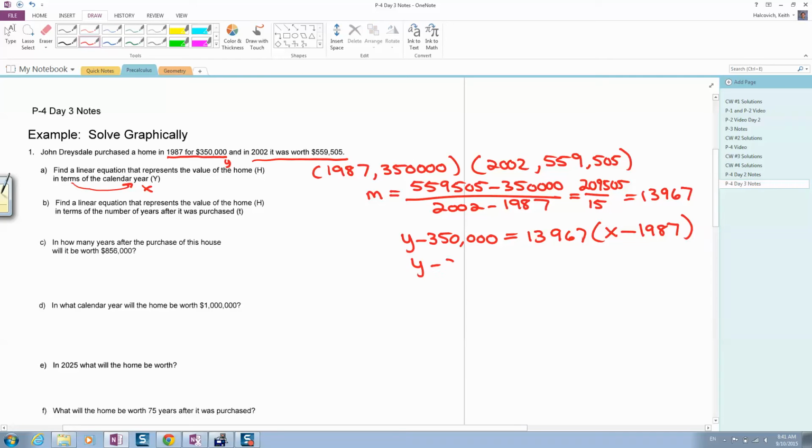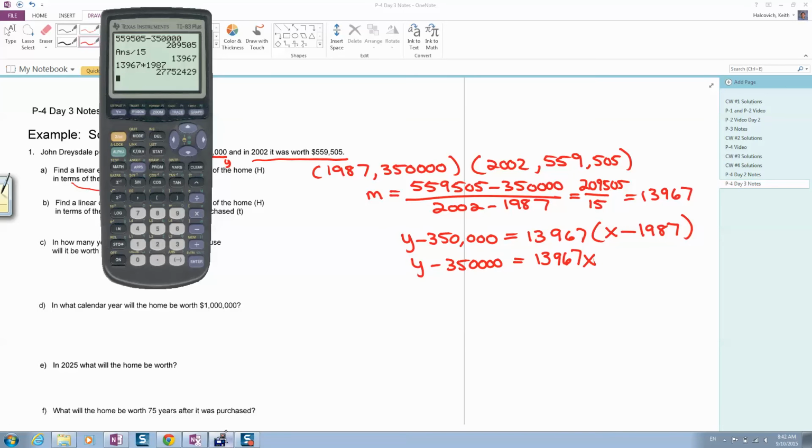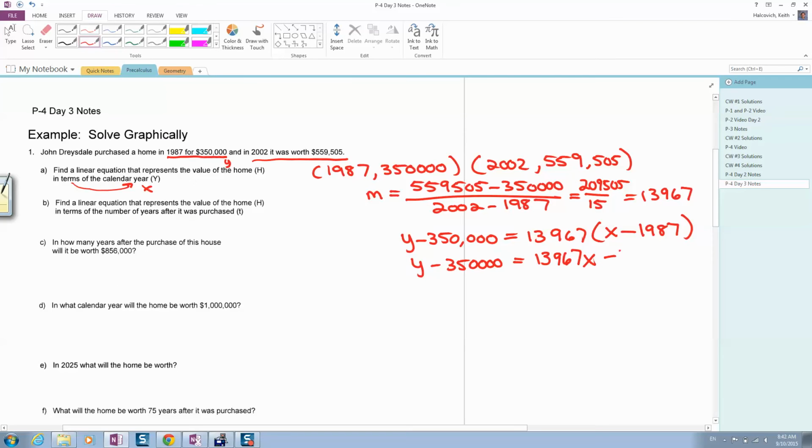Then you distribute. So when you distribute, you get 13,967x, and then when you multiply there, you get 27,752,479. So then you add 350,000 to both sides. Oh, one too many zeros.